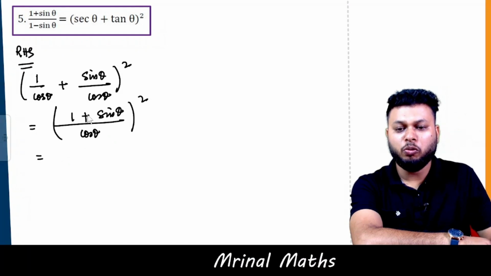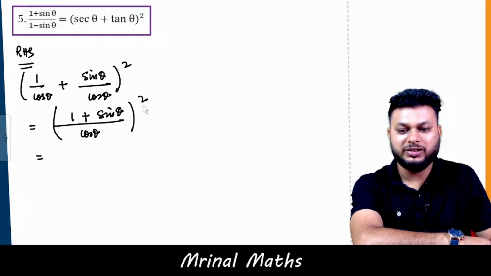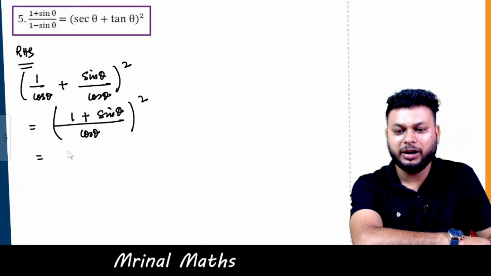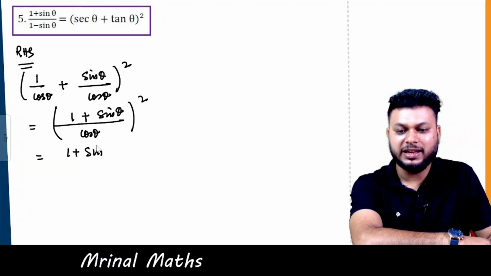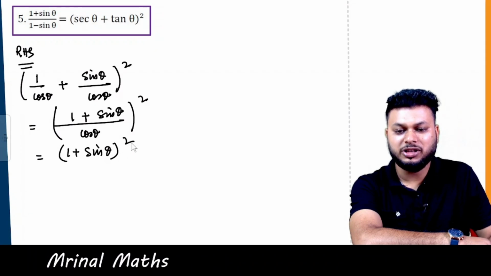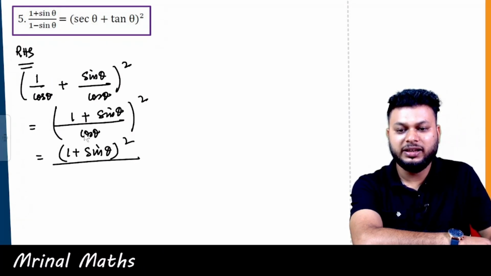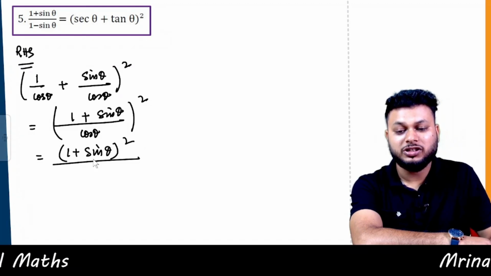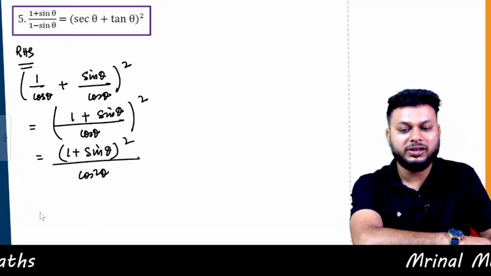Now you know (1 + sin θ) whole square, this is what you have, and here you have, look, I am writing (1 + sin θ) whole square. I am just separating it out. Here you have (cos θ) whole square, so this can be written as cos² θ.